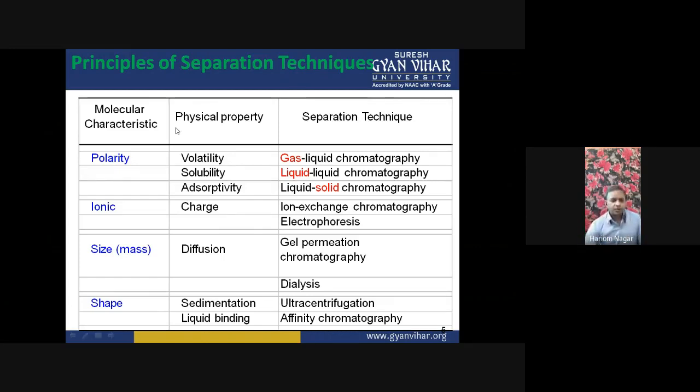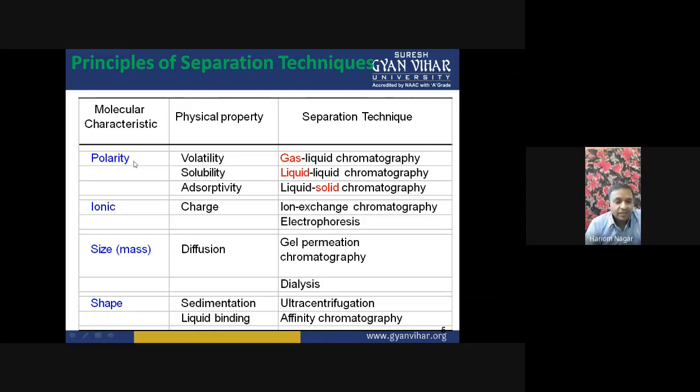If the basis of the separation of components is polarity, meaning the components in the sample have different polarity, then the principle of separation is the polarity of the component.